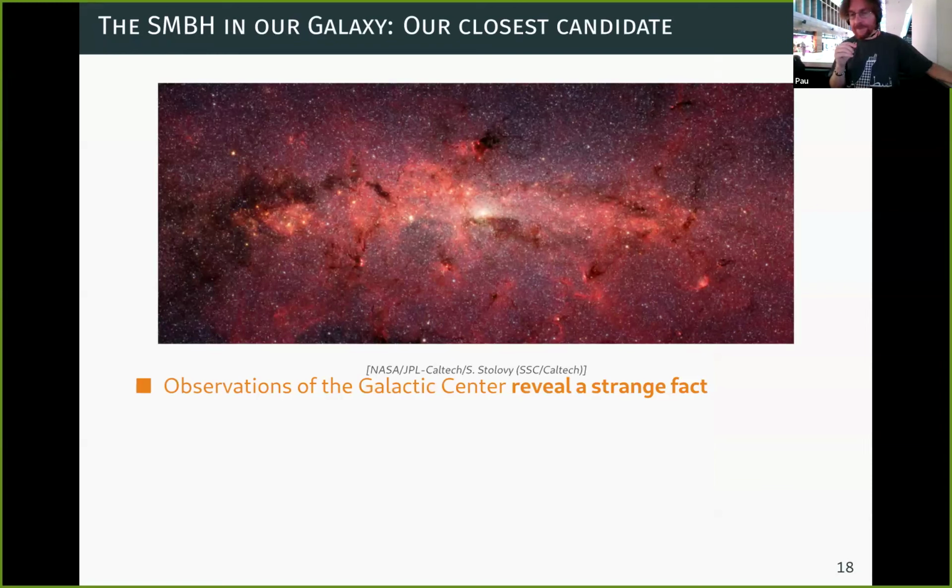You know that the Nobel Prize in 2020 went to three people. Two of them are doing observations, Reinhard Genzel in Europe and Andrea Ghez in the US. They have been doing observations of the galactic center. And the third person was Roger Penrose, for his theoretical contribution to the field.